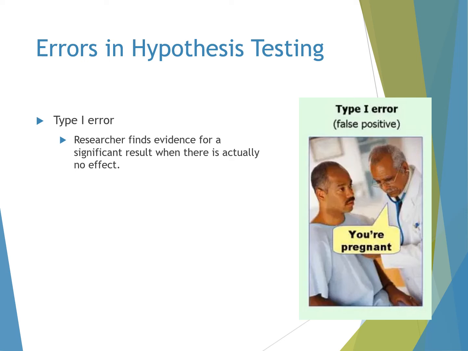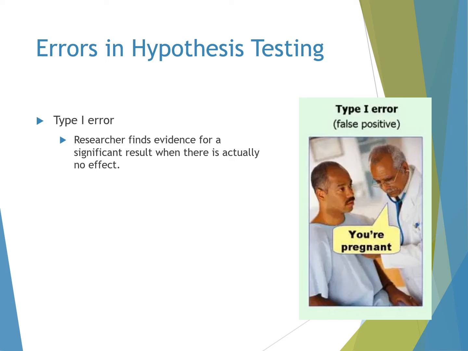There are also two possible true outcomes if we somehow knew the truth. Either there actually is a difference in the population, or there actually is not. This gives us two ways to be right. One is we said there was a difference when there truly was a difference, or we said there was no difference between our groups and there actually is no difference. But it also gives us two ways to be wrong.